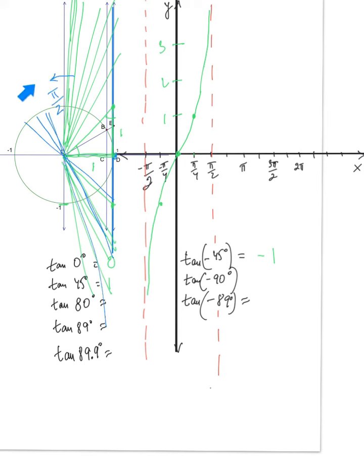As we rotate counterclockwise, our tangent values change from big negative to smaller negative.